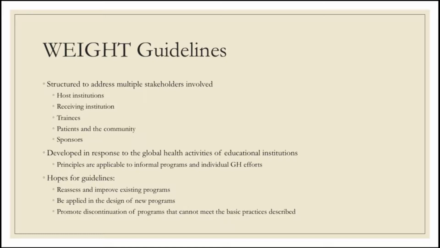And the next few slides, we're going to go over all of the WAIT guidelines. It's going to be a little bit wordy, but I think it's important to show you all of the things that you should consider when thinking about traveling abroad.